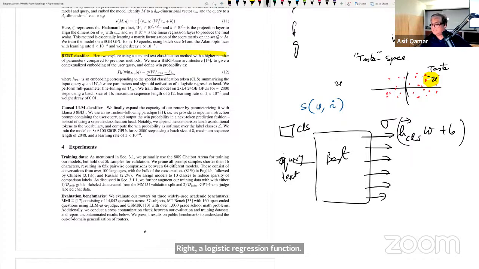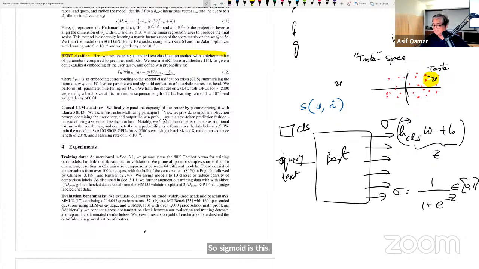Let's say this is Z, then the sigmoid is 1 over 1 plus e to the minus z. As you can see, this belongs to the interval 0 to 1. It's a probability basically. So you can tell the probability that the strong model will win, or likewise, that the weak model will win. Pick one. That was using the encoder model. Remember, BERT is an encoder model.